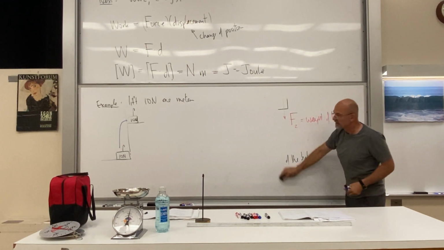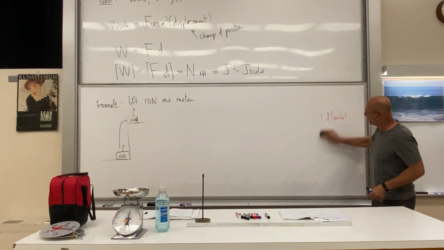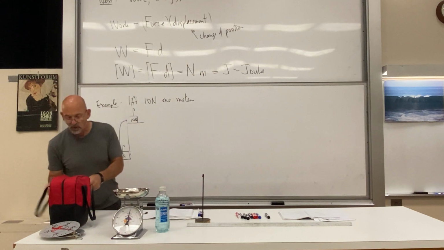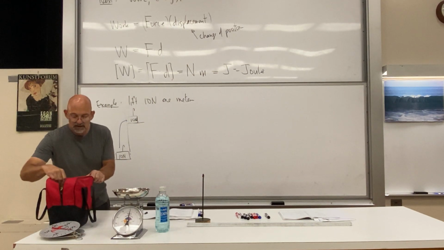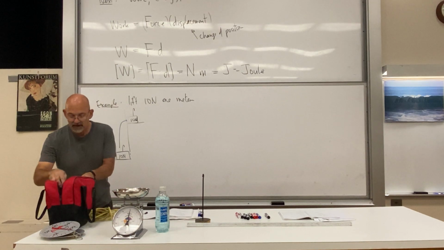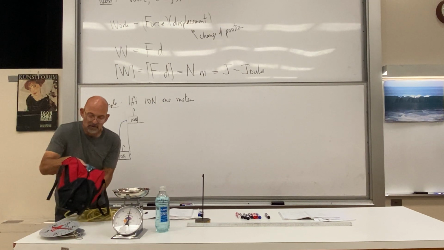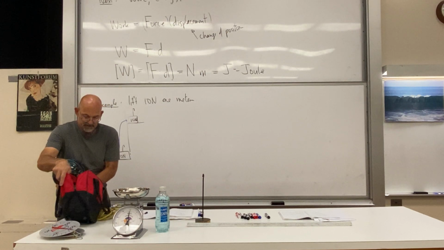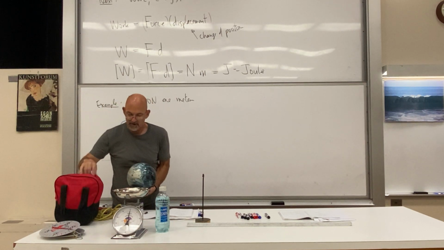So for that, I'm going to bring out a more impressive weight. So we have the physics department bowling ball. Okay, so I bring out the bowling ball. And let's see here. I'm going to drop it on your foot.